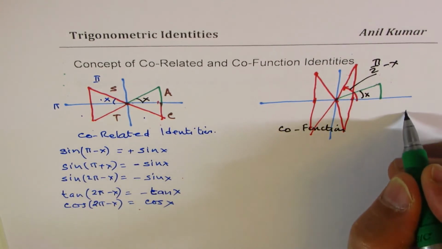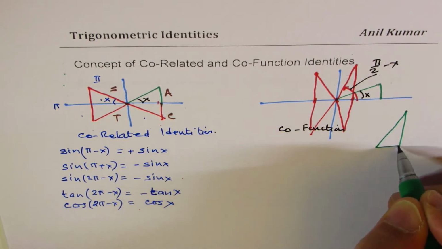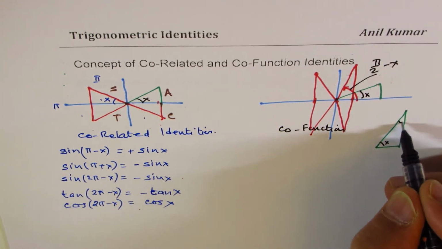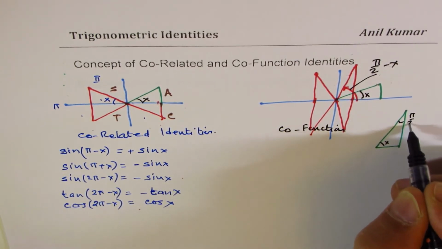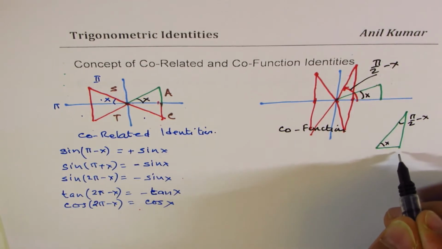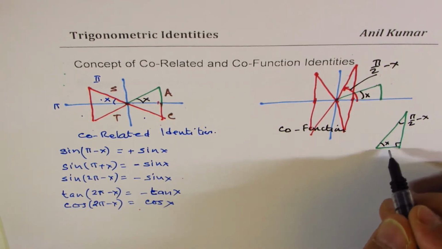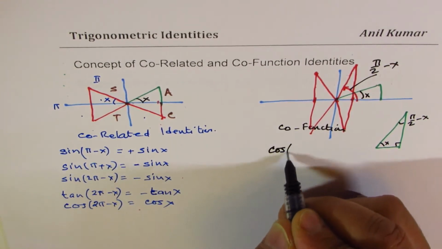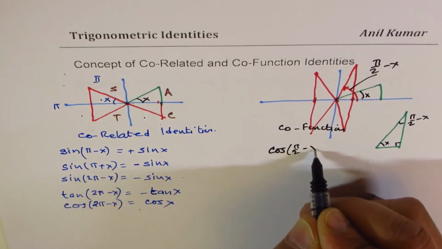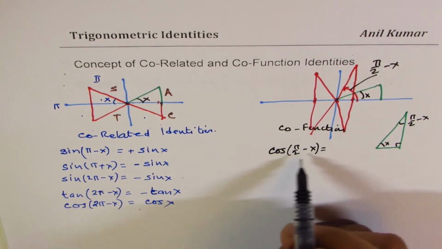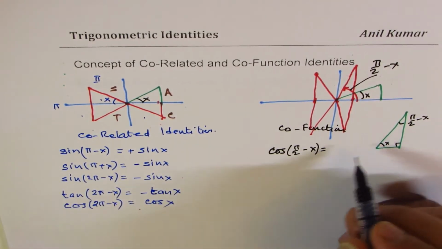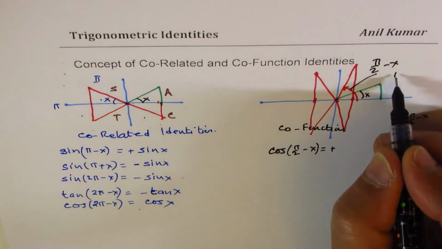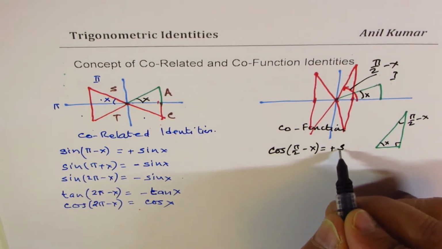So when we are looking into pi by 2 minus x, if this is x, for example, that one is pi by 2 minus x, we see that opposite and adjacent sides interchange, and therefore we could write cos of pi by 2 minus x as, cofunction of cos is sine, right? So it becomes, we write plus because we are in quadrant 1, all are positive, so it is sine of x.